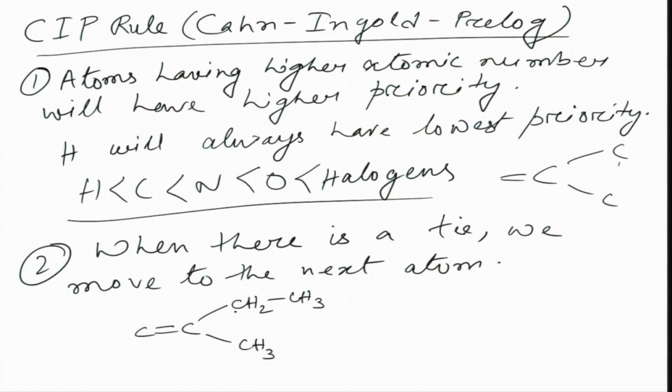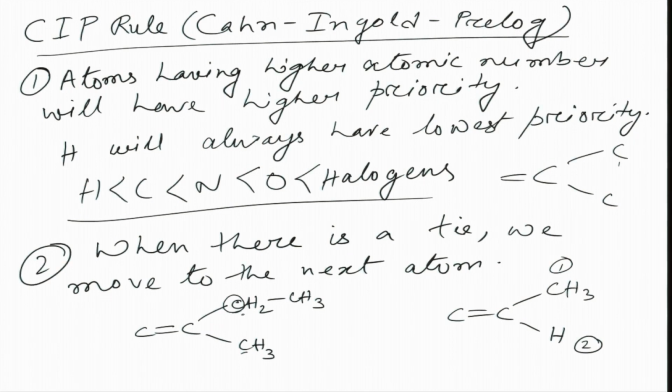So, this carbon is bonded to both carbon atoms here. Now, if we are talking about this, for example, this bond is with hydrogen and this bond is with carbon. Carbon has a higher atomic number, so carbon will naturally have a higher priority than hydrogen. So, we can assign this group as 1, this group as 2. But for this case, both the bonds are with carbon, so there is a tie. So, we will move on to the next atom, that is, we will see what this carbon is bonded to.